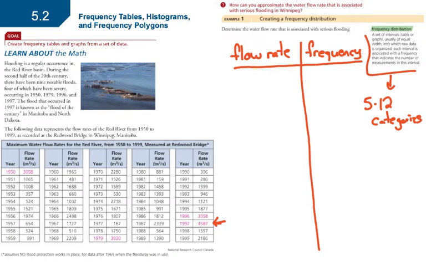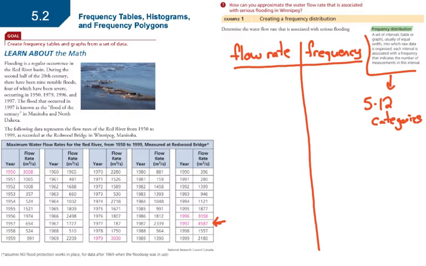So saying that we're going to divide this into 500, it might seem that you should go with a flow rate of 0 to 500 and then 500 to 1,000, but that creates a complication. Where would you put a flow rate of 500? Would you put it in the first category or the second category? And that becomes unclear, so we don't do it that way.